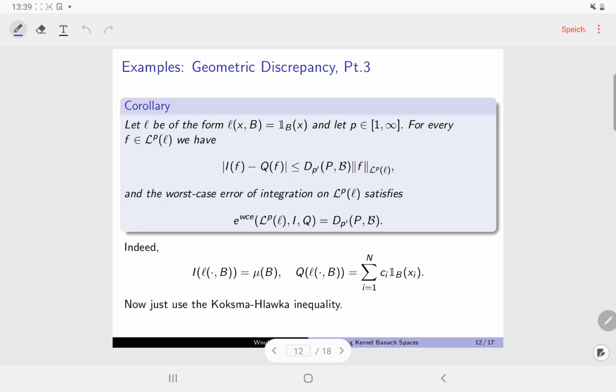Why is it so? Well, let us recall the Cox-Machlavka theorem. Cox-Machlavka said that the integration error, the worst case error, is just the norm of this quasi-representer, so to speak.